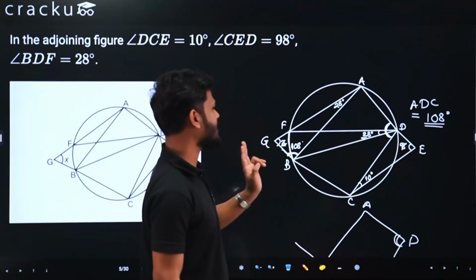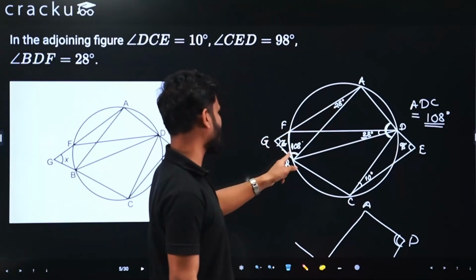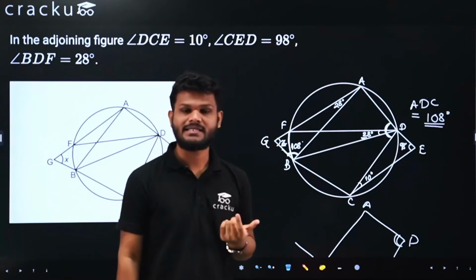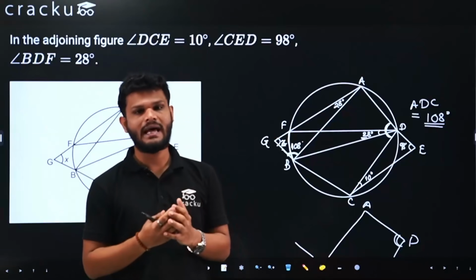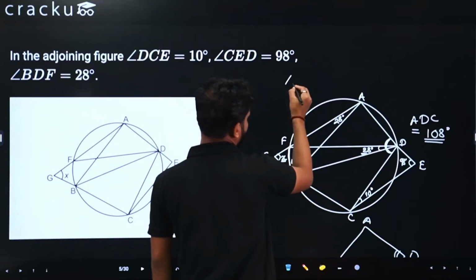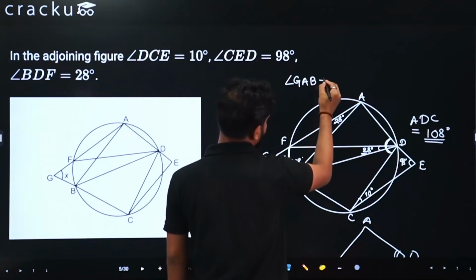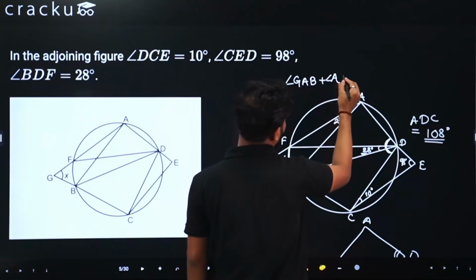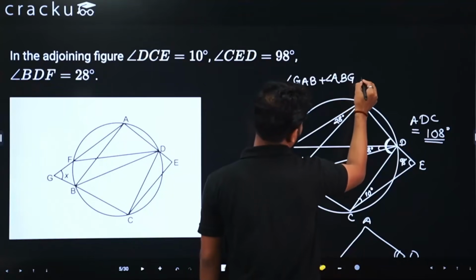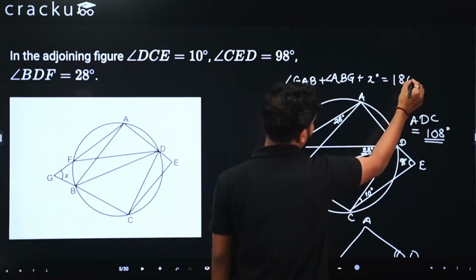Now focus on triangle ABG. So you know angle A, you know angle B. Can you find G? Yes, you can. Because the sum of all angles of a triangle is 180 degree. So I can say angle GAB plus angle ABG plus x degree is equal to 180 degree.